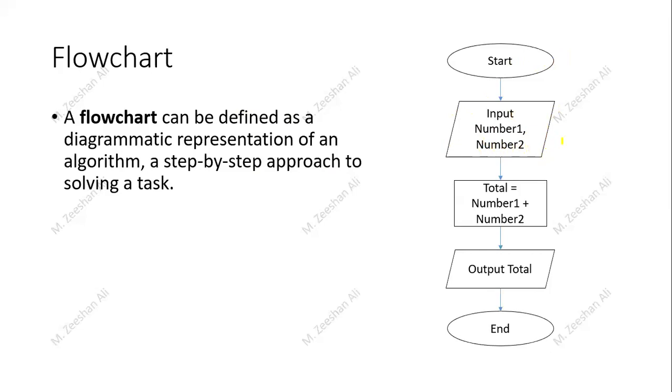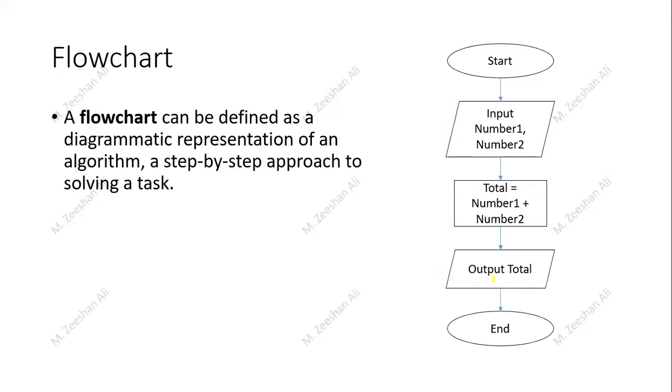the input. First we start, we take the input, and then we do the total. Total is equal to number one plus number two. It is some sort of process. The process is going on, so we show process in a rectangle. Now see, we are using different symbols, different diagrams, but we are showing the same steps.